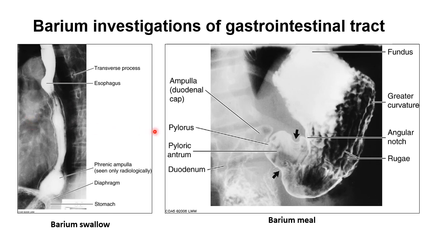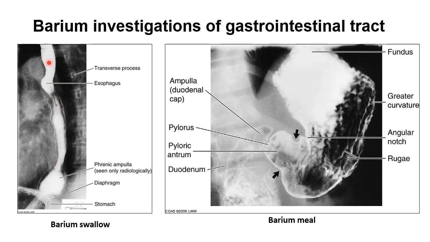And accordingly, these investigations will be given different names according to which part of the gastrointestinal tract they visualize, or in which part of the gastrointestinal tract the contrast medium is introduced. Now this image is showing you one of these investigations, and it's called barium swallow. Why? Because it only shows the esophagus.